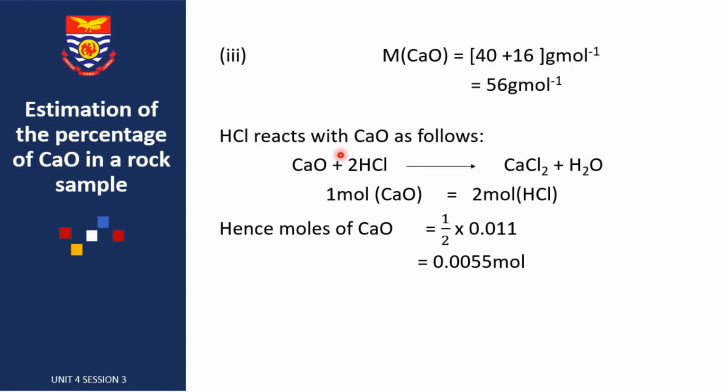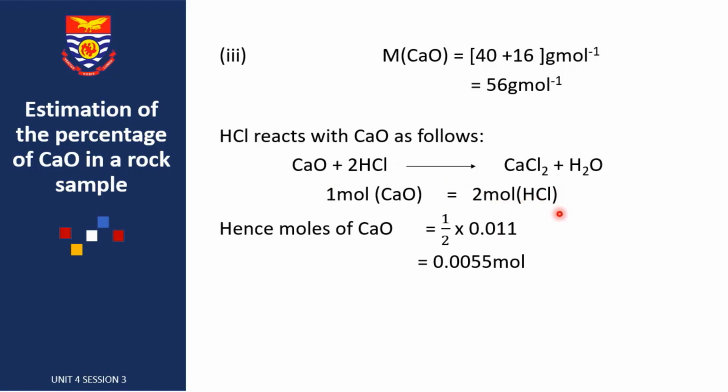There was a reaction between the calcium oxide and the HCl. So we need an equation to find the corresponding moles of the calcium oxide. According to this equation, for every 1 mole of the calcium oxide, we need 2 moles of the hydrochloric acid. Or let's read it from this side to that side.